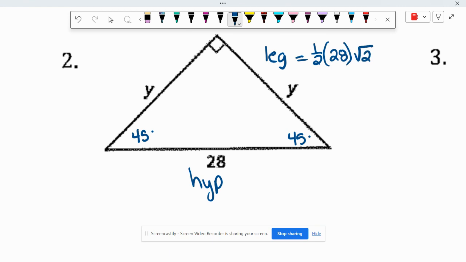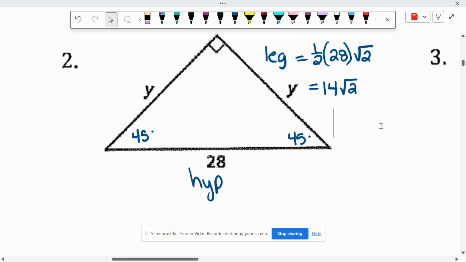Okay. So what is half of 28? So y equals 14 root 2. Yes, 45, 45, 90s are way easier than 30, 60, 90s. I would totally agree.